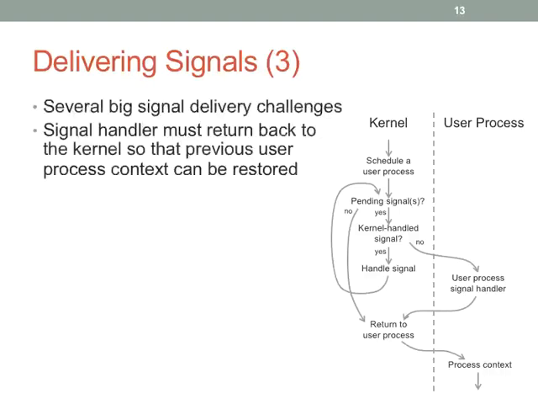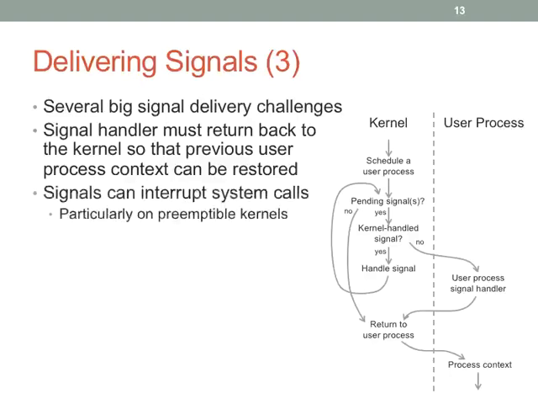Okay, delivery challenges. First of all, we have the signal handler doing its thing and then jumping back into the kernel. Why do we do that? Well, because we had a user process context that was interrupted by the signal being delivered, and we need to restore that. So that's why we have to jump back into the kernel.